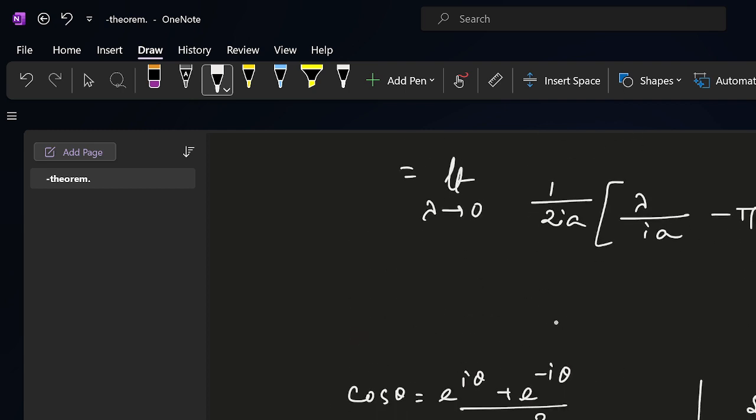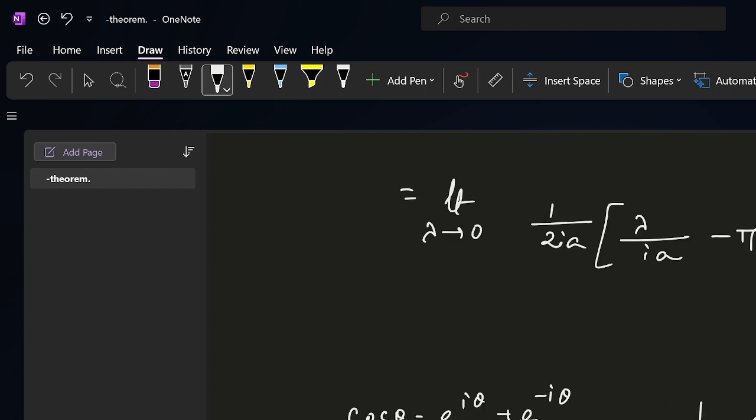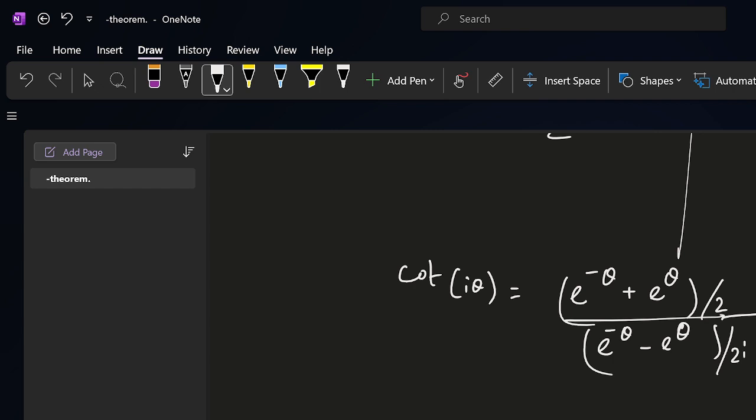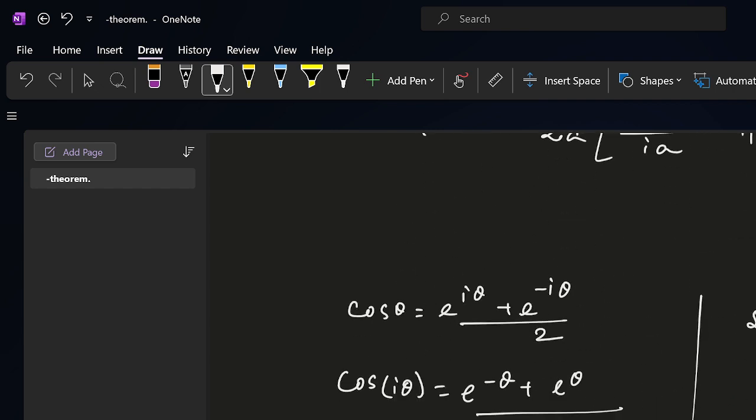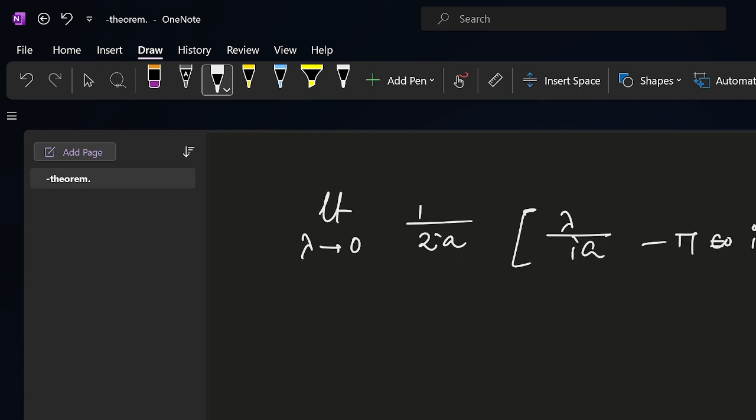So here this becomes the limit as lambda tends to 0 of 1 by 2ia times (lambda by ia minus pi times this cot thing, which becomes i times (e to the power of minus pi a by lambda plus e to the power of pi a by lambda) divided by (e to the power of minus pi a by lambda minus e to the power of plus pi a by lambda)).